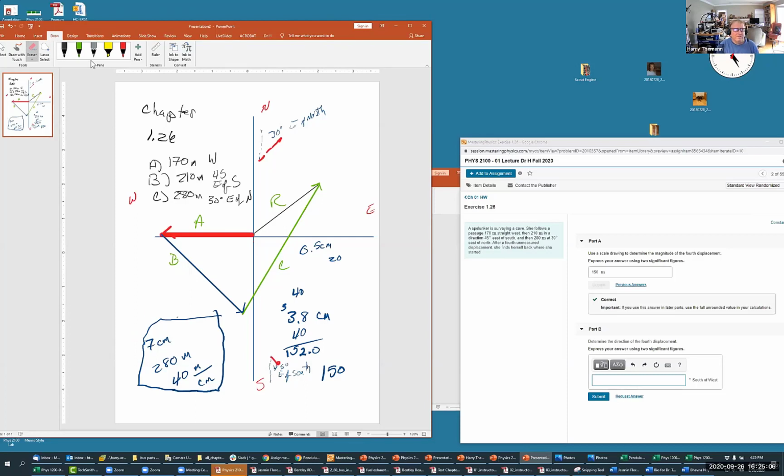And then, I've left out one little detail. The resultant goes, in this case, from the last head to the first tail. And let's be careful here. That's only because R has to end at zero. It has to end at the start point.